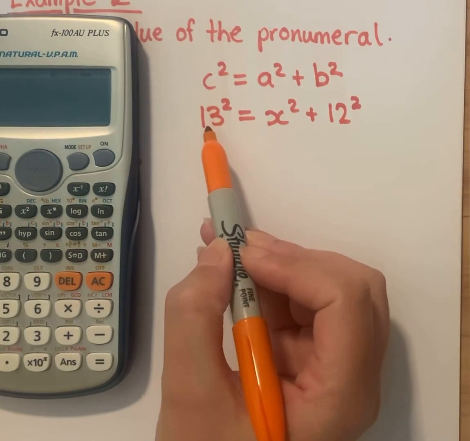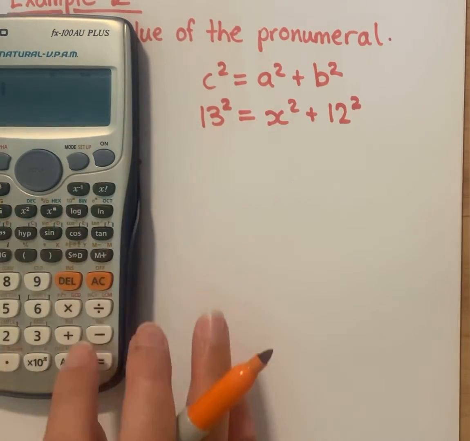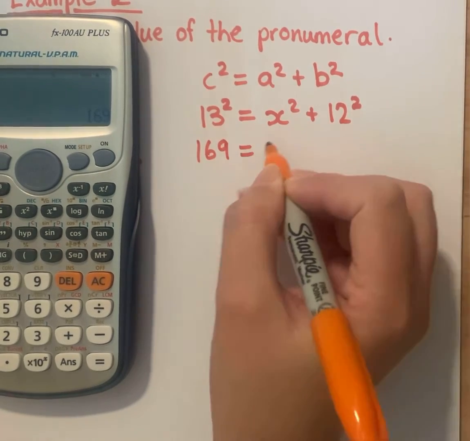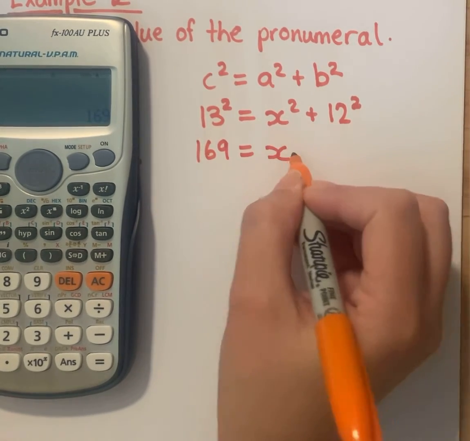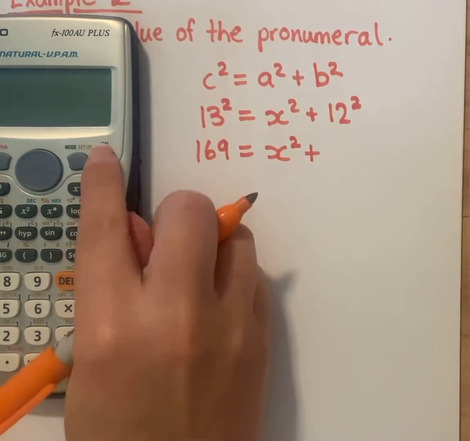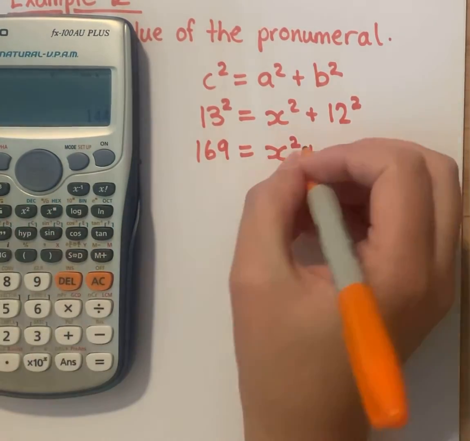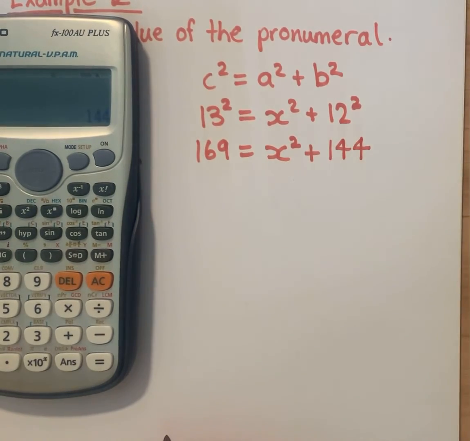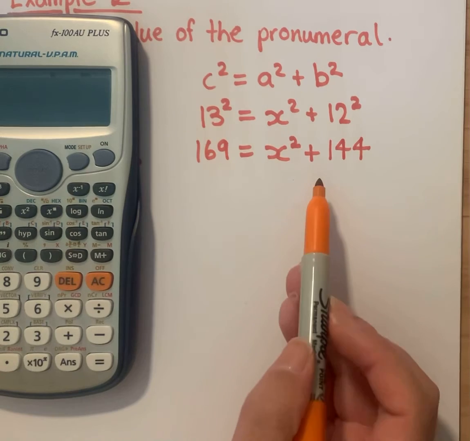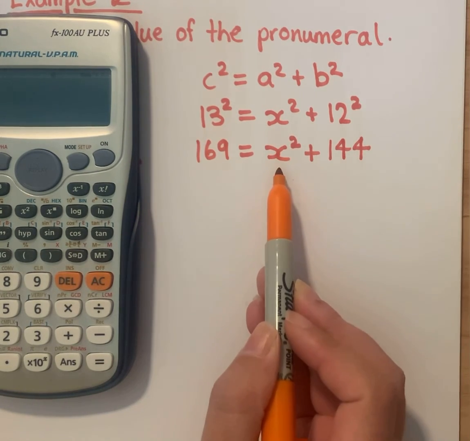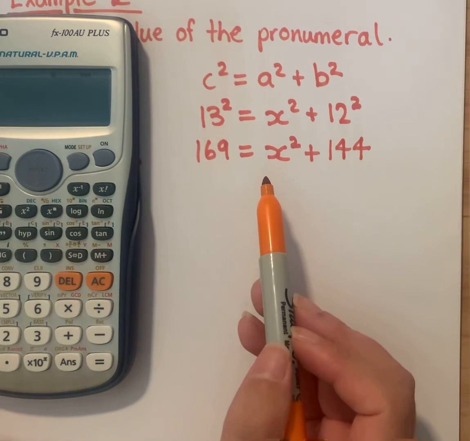So we can evaluate 13 squared if we like. 13 squared is 169 here on the left-hand side. X squared, we can't really do anything with that yet, but we can also evaluate this 12 squared. So 12 squared is 144. And now we can solve this equation by trying to isolate x using inverse operations.